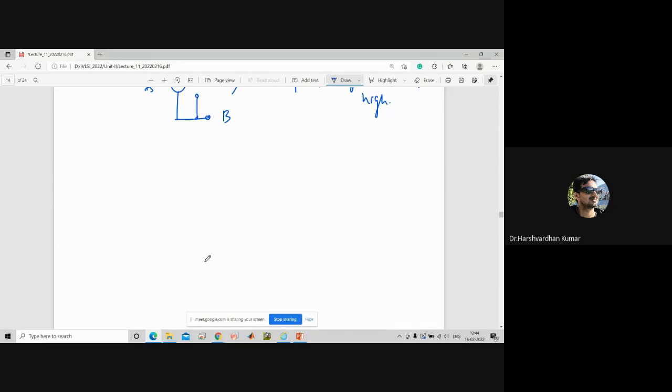Whenever the output node is connected to the ground, you will get logic 0 output. And whenever the output node is connected to VDD, you will get output logic 1. So the output node is either connected to ground or to VDD. Why is it connected to ground?